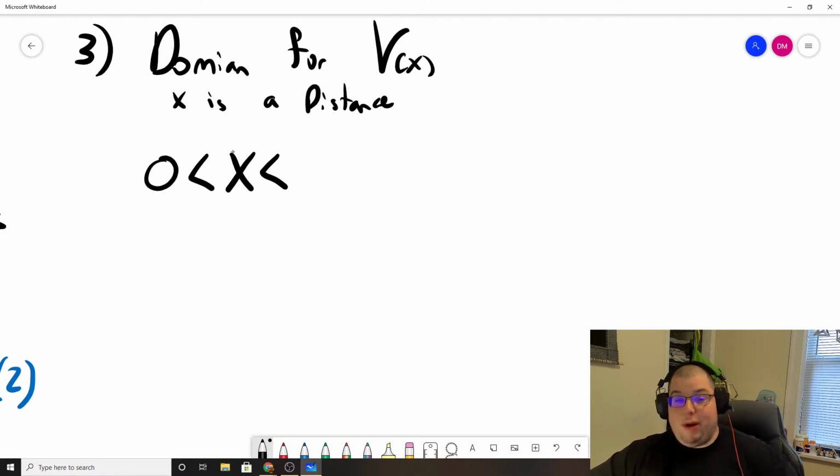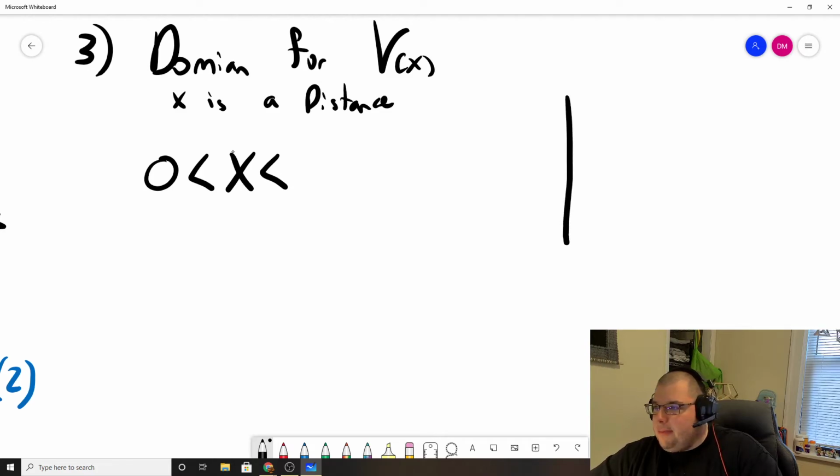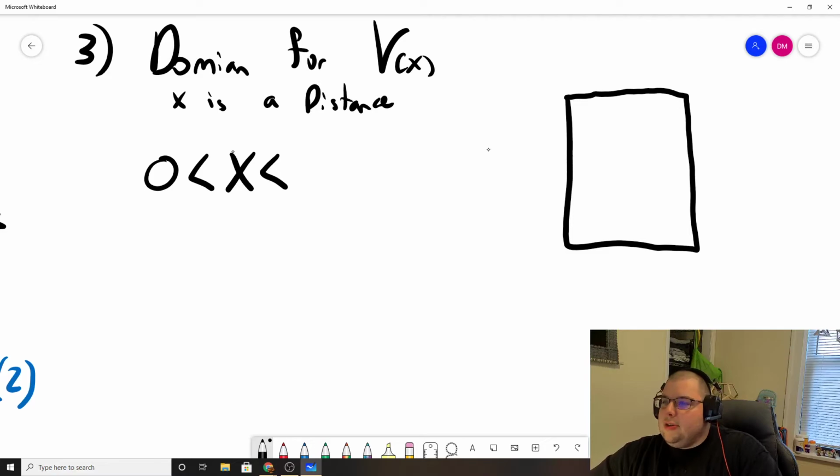Now, the tricky part is thinking about how big of a distance we can go. So we're going to go back to thinking about a digital piece of paper here in 2 dimensions. This is the length of our paper, and this is the width of our paper.